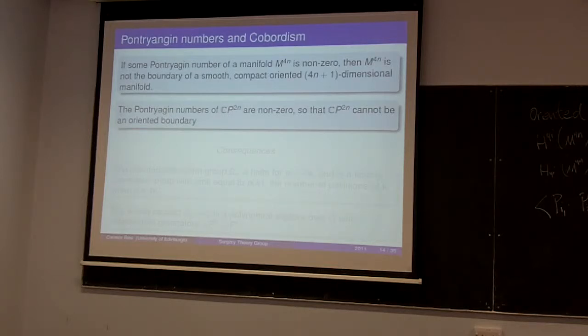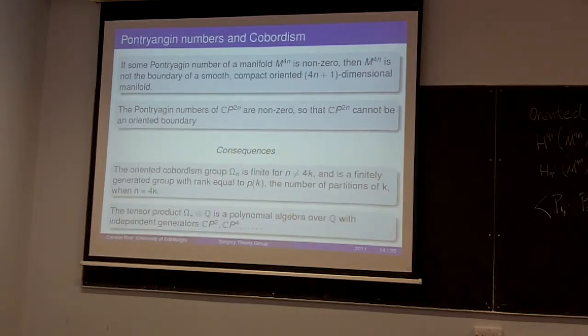So if we begin to put things together, we see that if these projective spaces cannot be an oriented boundary, then they have to be generators of some Cobordism groups. And there you are. Then we have a very nice definition of our oriented Cobordism groups.